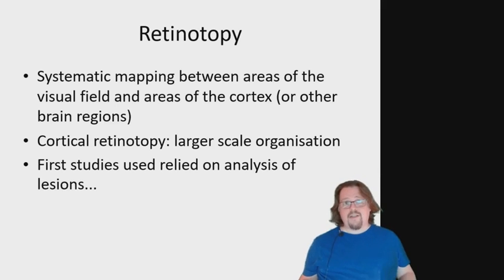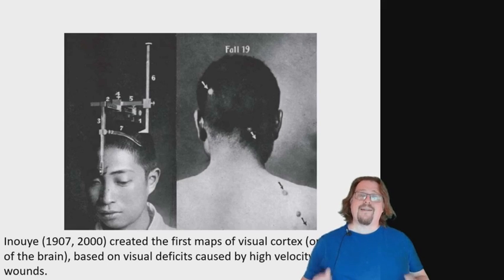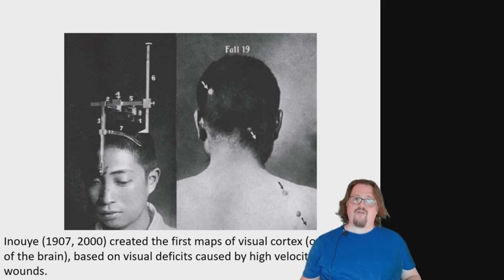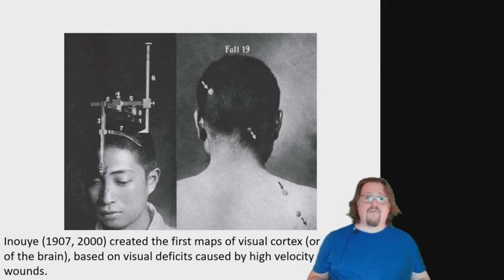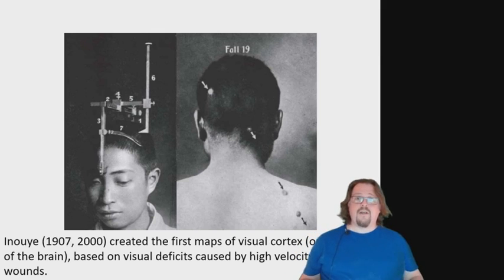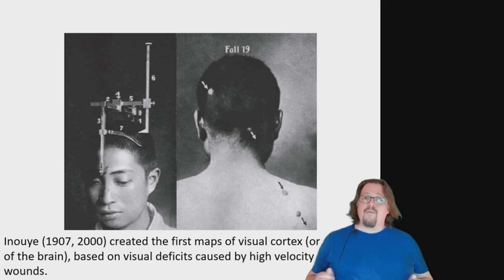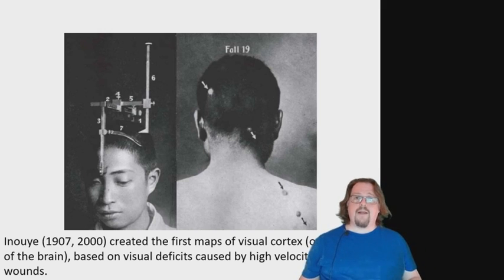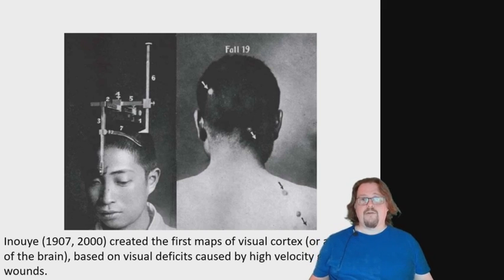And perhaps surprisingly, some of the first evidence came from analysis of human brain injuries. In the early years of the 20th century, Inouye studied the brains of soldiers who'd been affected by gunshot wounds, and because of the development of new high-velocity sniper rifles, these bullets didn't always kill the person who was hit by them, but sometimes would pass right through parts of the head, right through parts of the brain, and cause very specific brain injuries that left them alive.